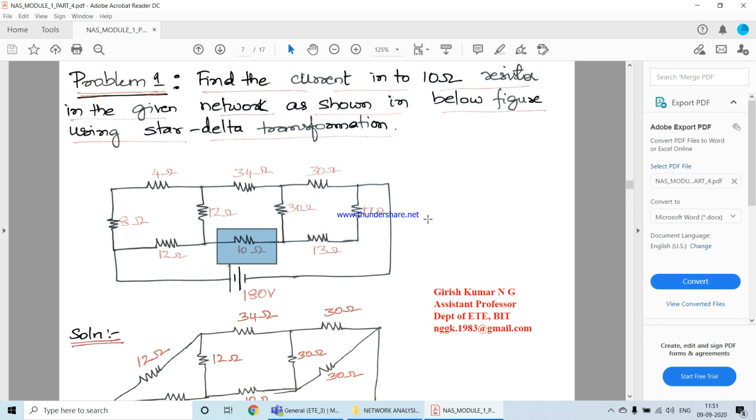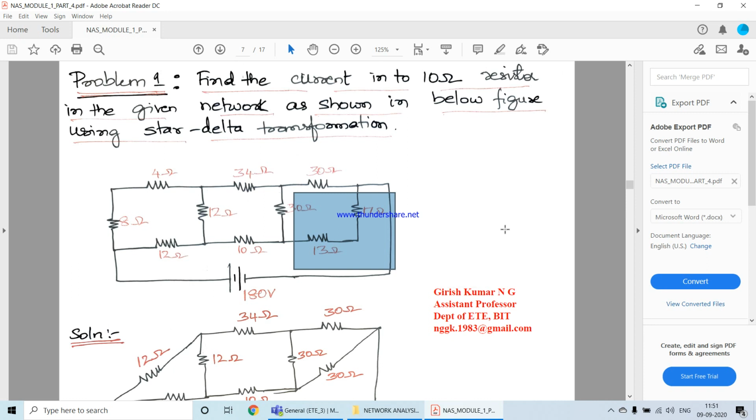We'll see how to solve this entire network by converting it into the simplest format and then find the current through 10 ohms. As soon as you see this network, can you see this 8 and 4 are in series? Similarly, can you see this 13 and 17 are in series?